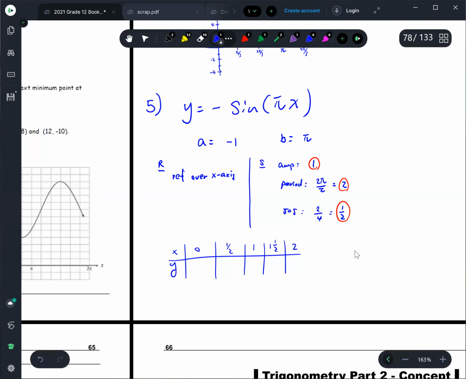Yes, okay. So if you like, you can turn it into decimal. If you don't like fraction very much, you can use 0.5, 1.5, easier. Okay, now for the y values.